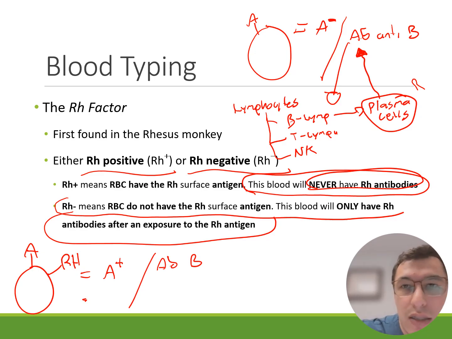So if these plasma cells are taught or they learn about the Rh, if they are exposed to Rh positive through a blood incident, let's say there is cross blood contamination, or this patient was transfused with Rh positive, or you are the mother with a blood type A negative and you're exposed to a fetus that is Rh positive, then those plasma cells will learn and eventually will produce antibodies against Rh.